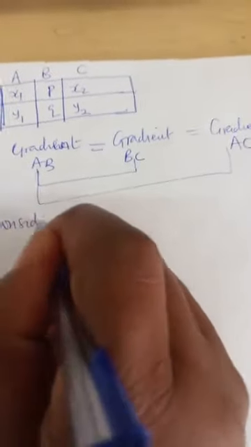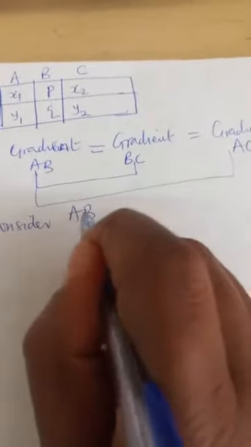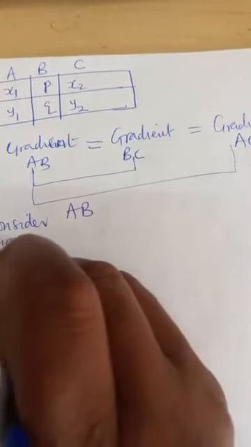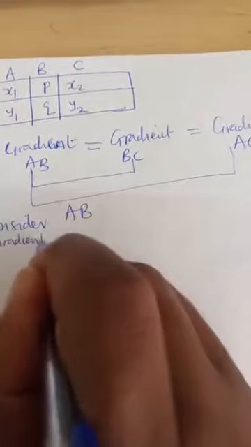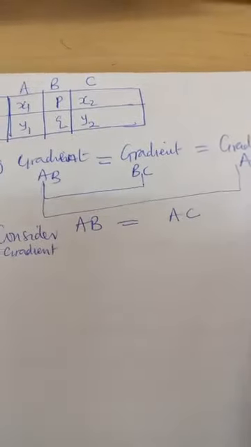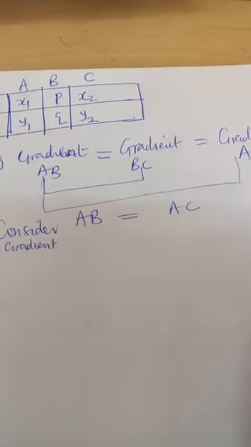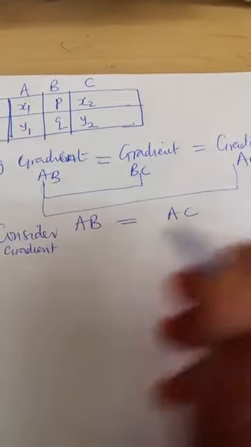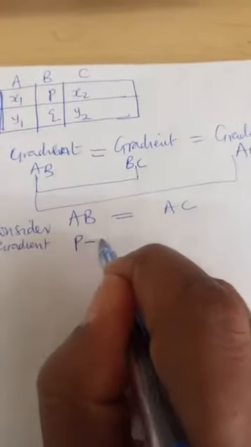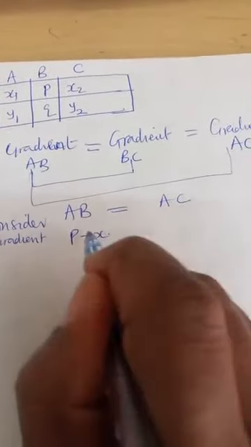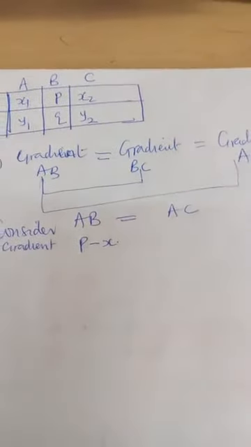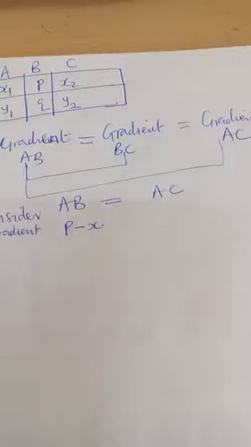So if we consider gradient AB to be equal to gradient AC, the order will not matter. Our AB can be Q minus Y1, the change in Y. It is change in Y always for gradient, so we consider the Y differences.